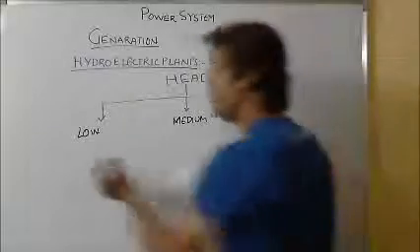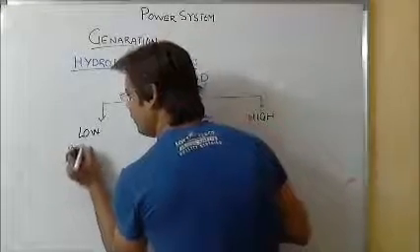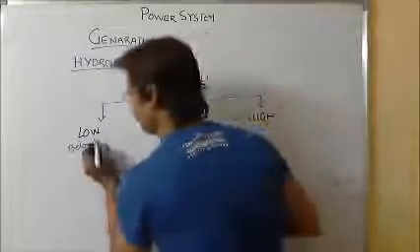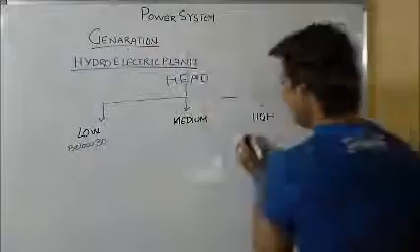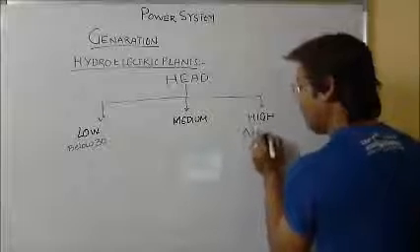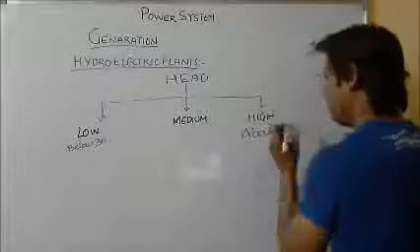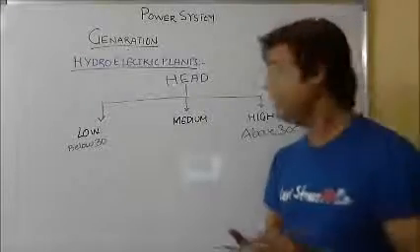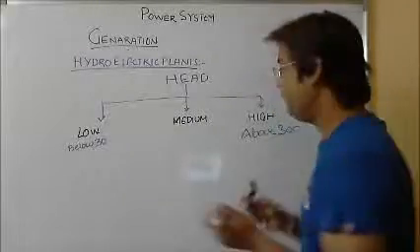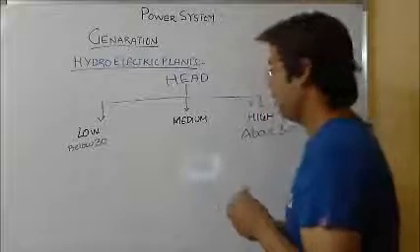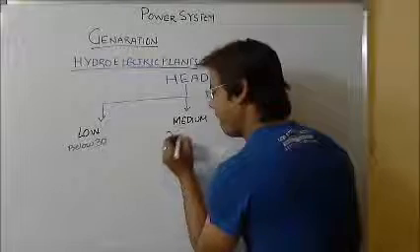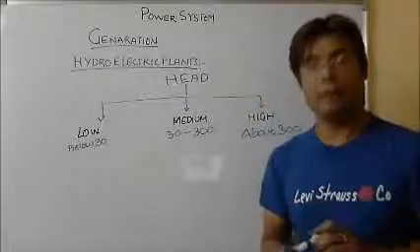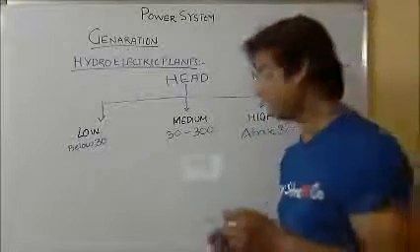Low are below 30 meters. Plants above 300 meters are known as high head plants, and below 30 meters are known as low head plants, and between them are called the medium head plants, that is, 30 to 300 meters.